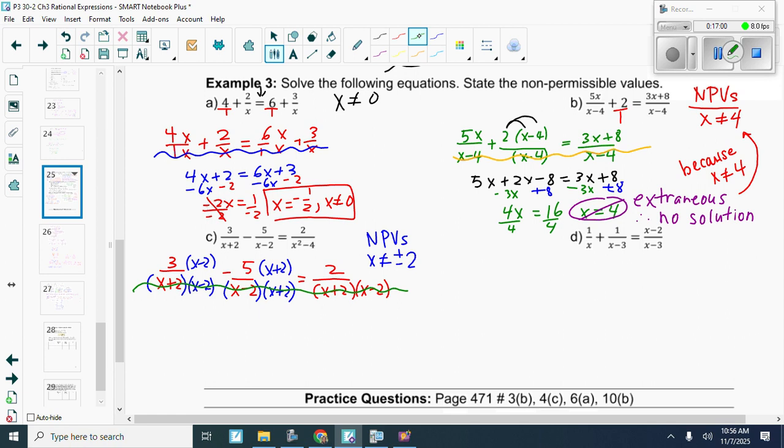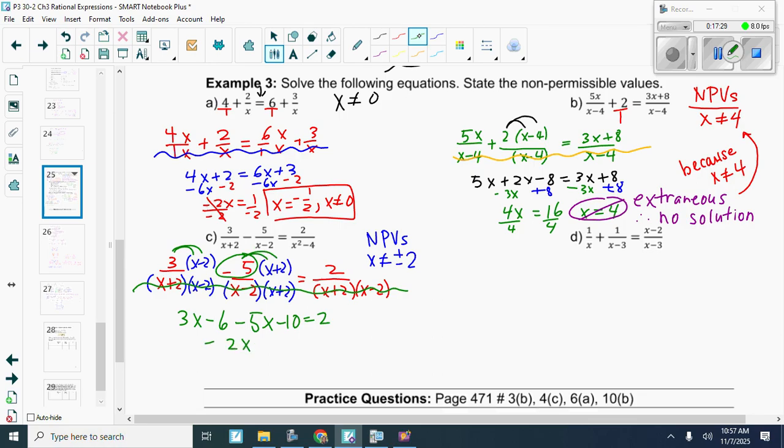So now we can distribute through our brackets, 3x minus 6. Just be paying attention to the signs. It's a subtraction, so we have to take the negative 5 through the brackets: minus 5x minus 10 is equal to negative 2x.